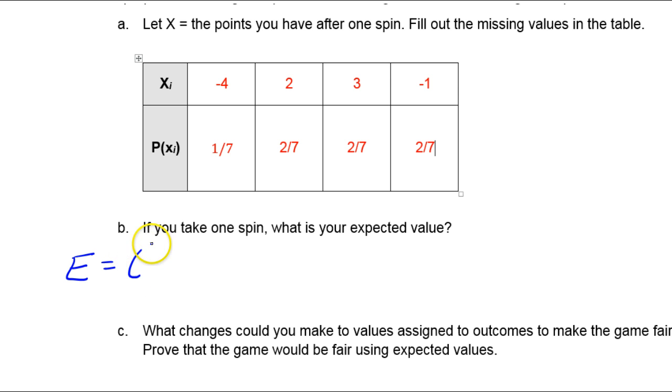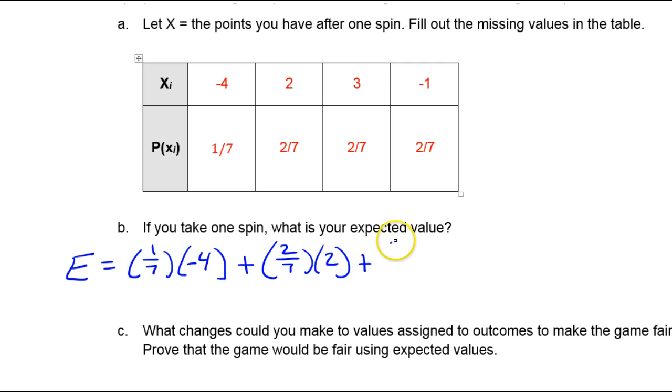So we're going to do 1/7 times -4, probability and value. And we're going to do 2/7 times 2. And we'll do 2/7 times 3. And we'll do 2/7 times -1.